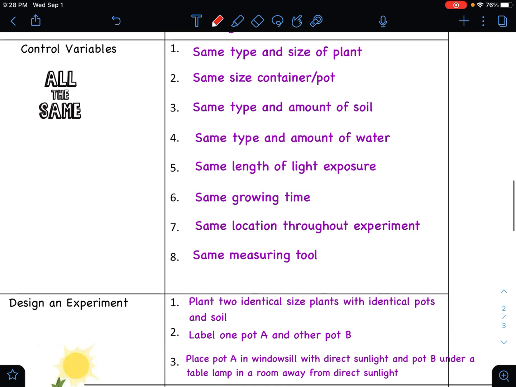Okay. The same location throughout the experiment. So you're going to use the same windowsill, and you're going to use the same location in a room underneath just a regular house lamp that you might have. You're not changing things up with location because then that would be changing a variable and you can't do that. All right, and you're going to use the same measuring tool that you use to measure the height, okay?